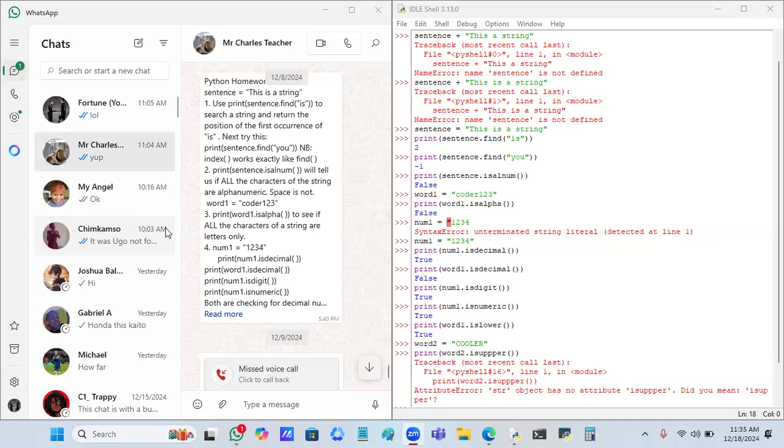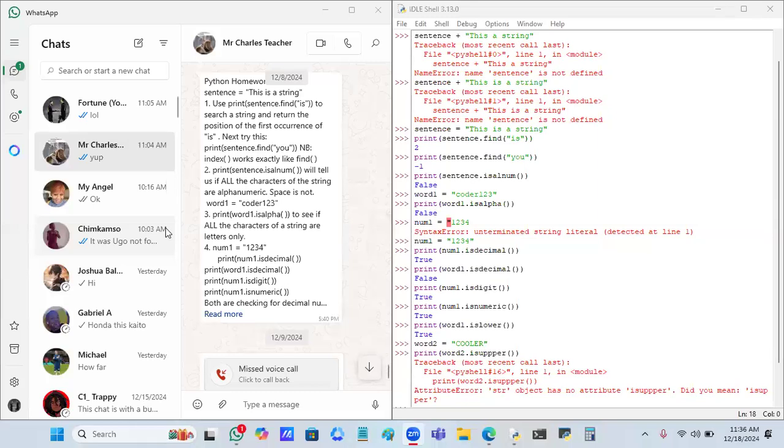Word 1, look at word 1. Word 1, you have coda 1, 2, 3. Coda is alphabet. 1, 2, 3 is numeric. Is it not alphanumeric? Yes.